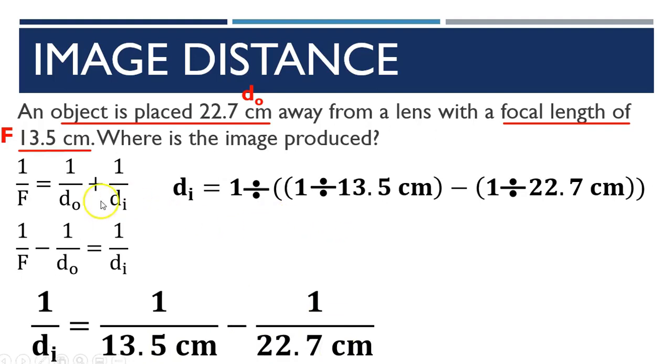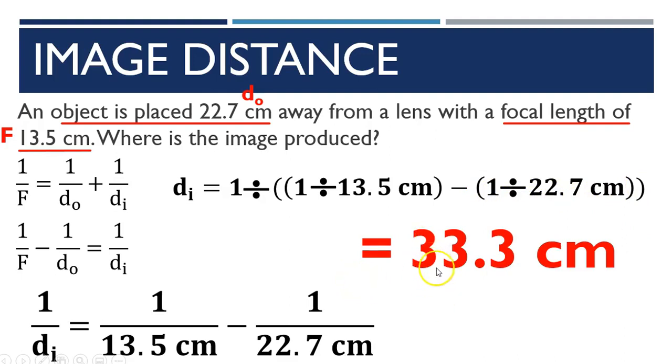When you plug it in your calculator, 1 divided by, open 2 sets of parentheses, 1 divided by 13.5, close the set, minus, open a new set, 1 divided by 22.7, close both sets of parentheses, hit equals, and you should get 33.3 centimeters.